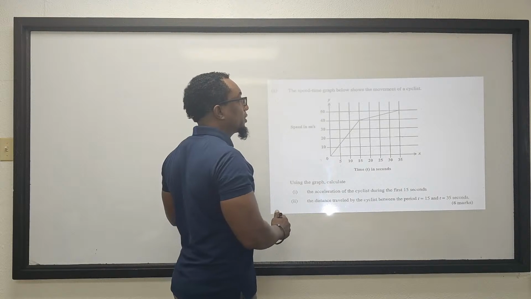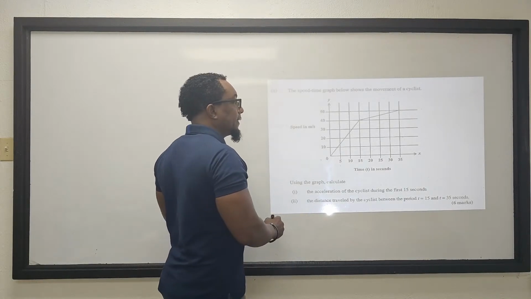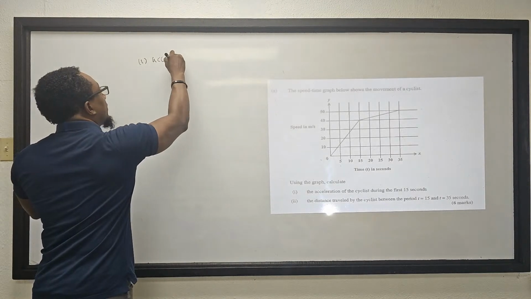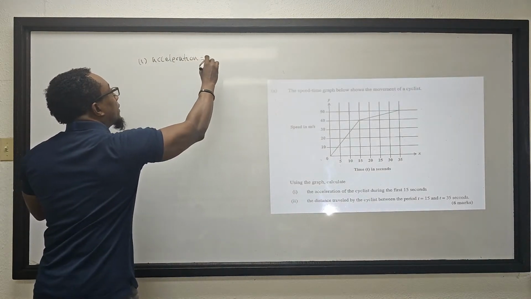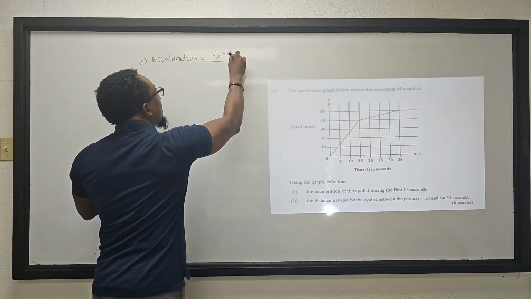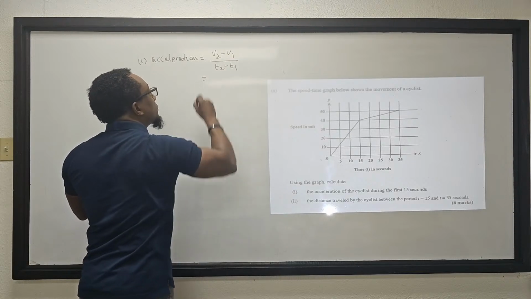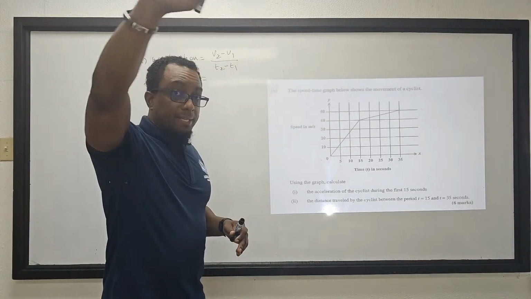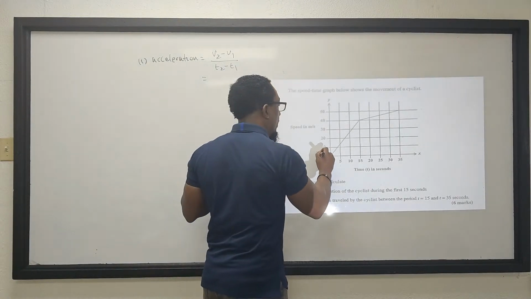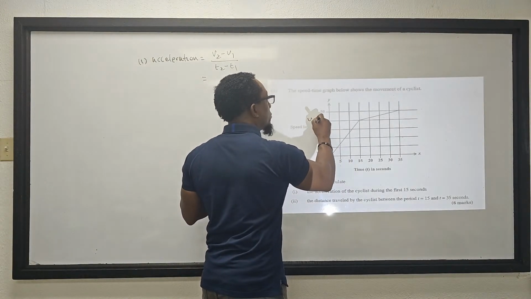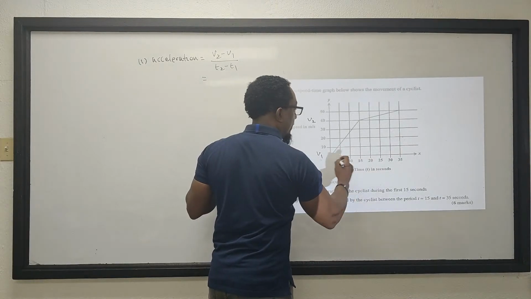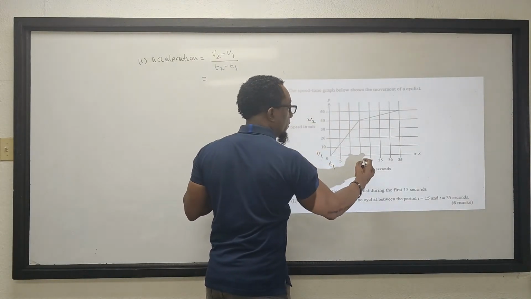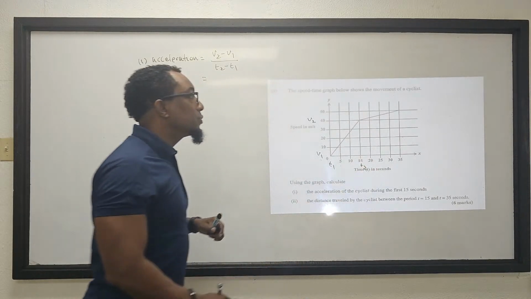So the acceleration will be change in velocity, part 1. Acceleration will be v2 minus v1 over t2 minus t1. If you're dealing with acceleration, you have a right hand slope, so this is v1, this is t1, and if this is v2, this is the corresponding time t2.